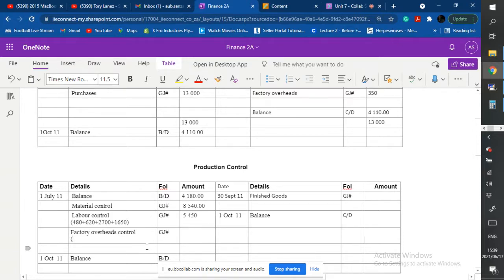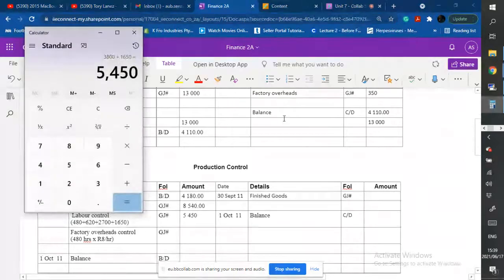Okay, and so I added that up. If you add all those up, you're going to get 480 hours. Okay, and I'm just going to do it in front of you now. And this is times 8 Rand. Remember, our absorption rate was 8 Rand per hour. So I'm just going to do it in front of you so you can see where he's getting this 480 from.